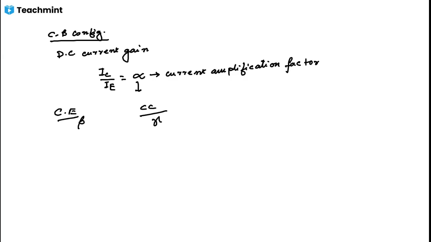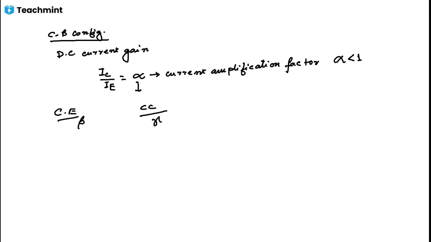So hence the DC current gain in CB configuration is always less than 1. So alpha is less than 1 in CB.